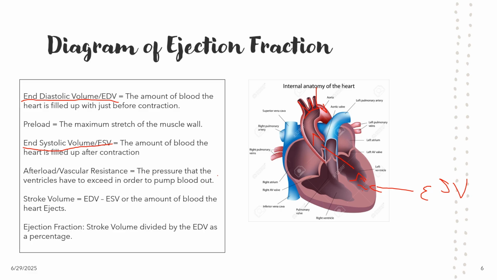And now here is something that is also related to ESV, and that is called vascular resistance, or afterload. Basically, this is how the heart pumps blood, really. Let's say there's a pressure gradient in the aorta.